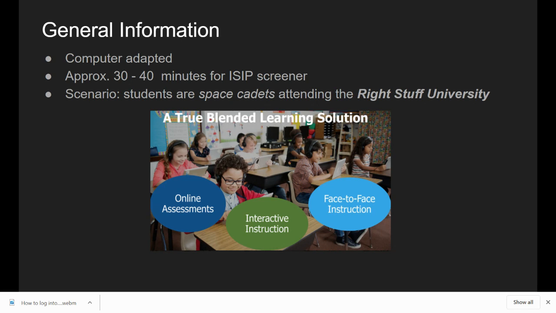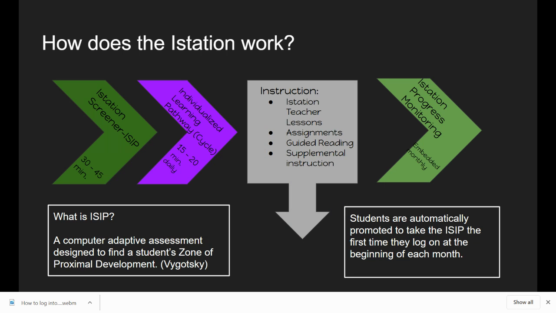The ISIP, or iStation's Indicators of Progress Assessment, takes about 30 to 45 minutes to complete. iStation uses a game-like format for students, so the setting is that they are space cadets attending the Right Stuff University. So here's how it works. The first time that students log into the program, they are automatically prompted to take the iStation screener, or the ISIP, the one that takes 30 to 45 minutes.